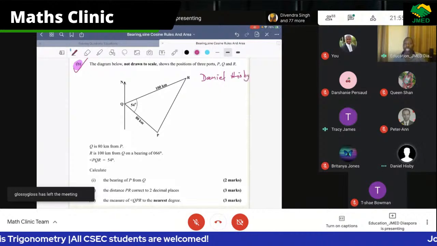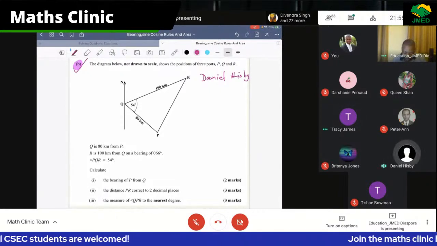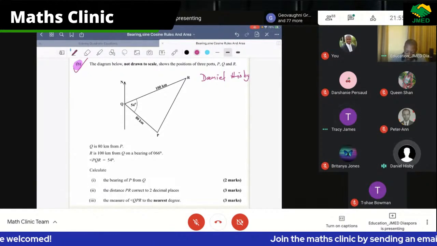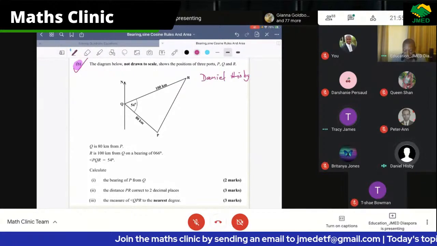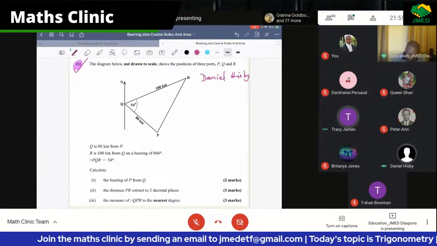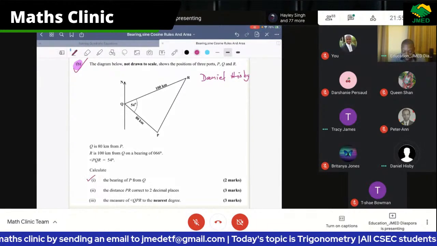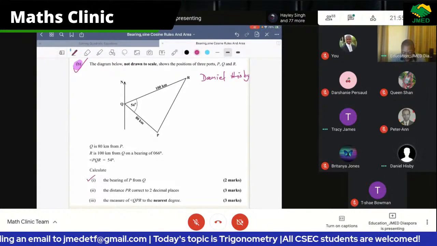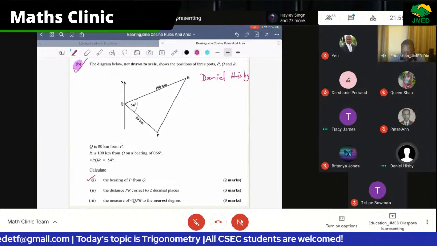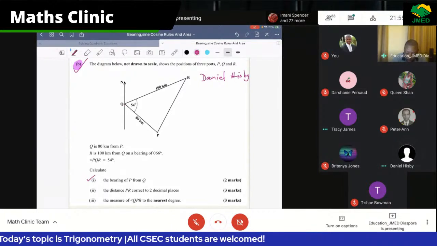Hibbs. Okay, go ahead. So first I use the cosine rule to find the angle P. Are you doing part one? Yes, sir. Okay. It says the bearing of P from Q. So this is our reference point, yes?